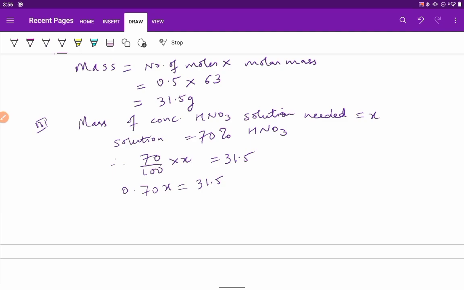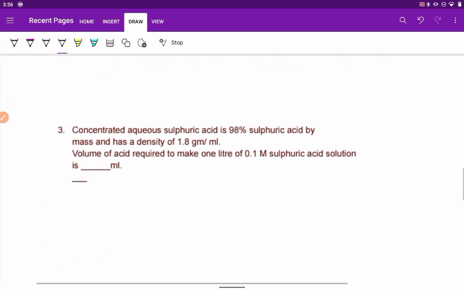So from here X is equal to 31.5 divided by 0.70. On calculating, we get 45 grams. I hope students you all could understand this sum also. Now next, this is the third question.